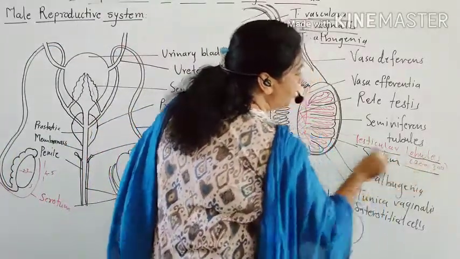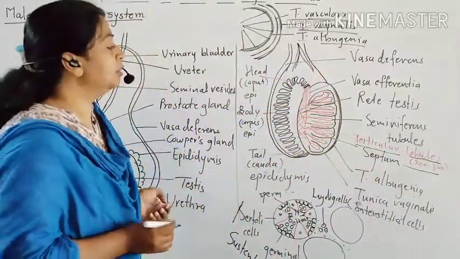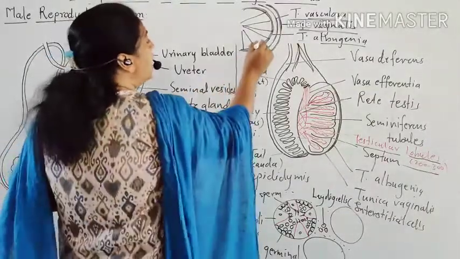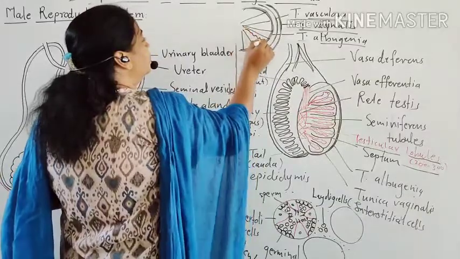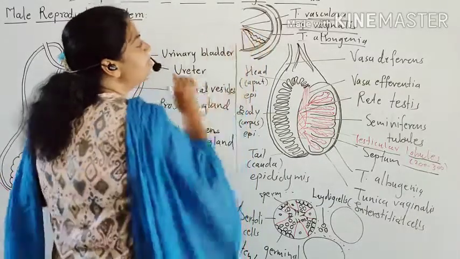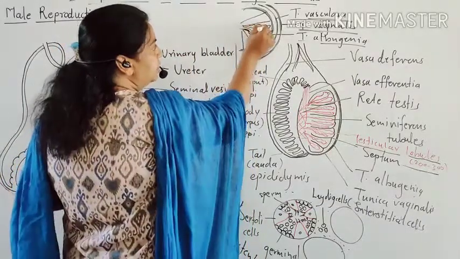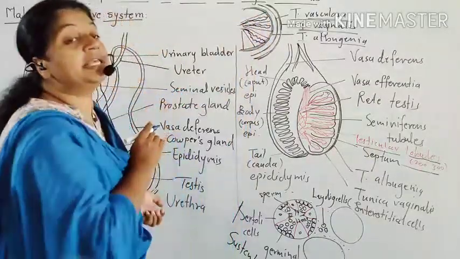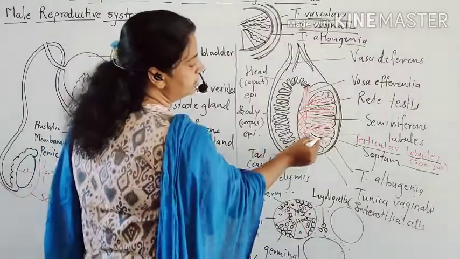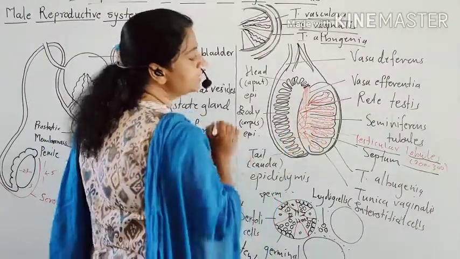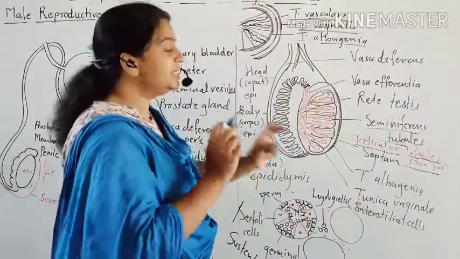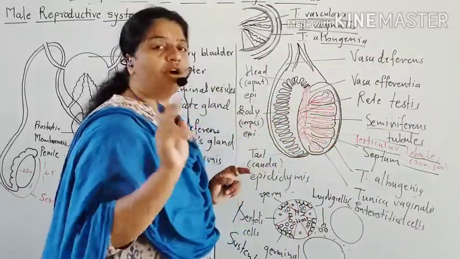These chambers are called testicular lobules, and each lobule consists of 1 to 4 highly coiled seminiferous tubules. These red structures are called seminiferous tubules. Each testicular lobule consists of 1 to 4.